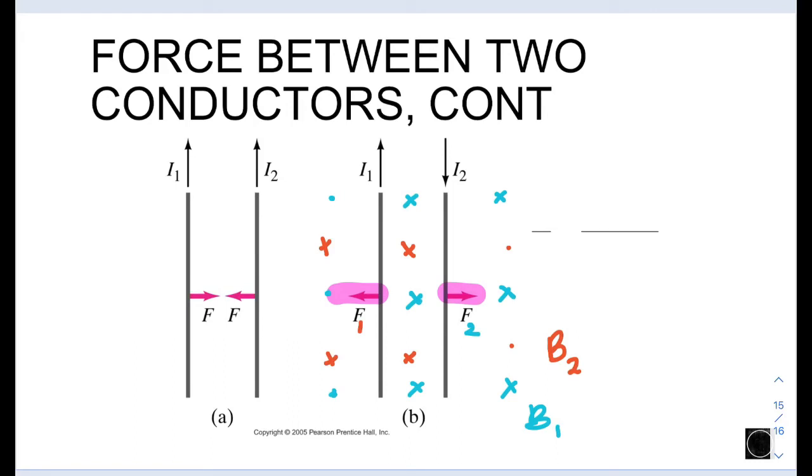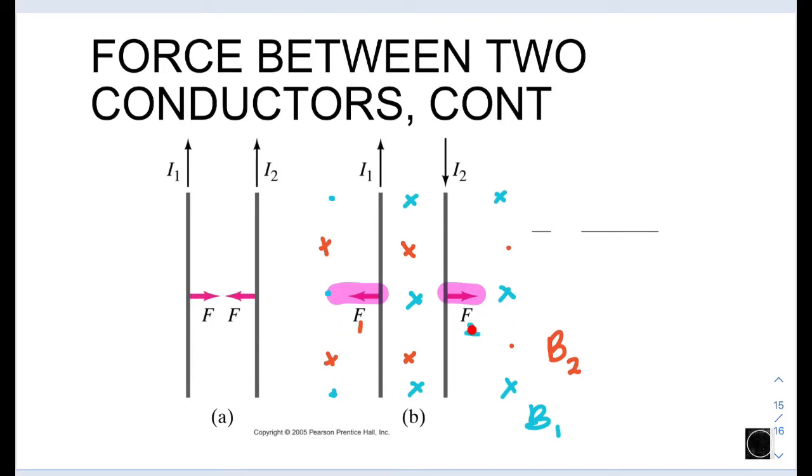So in conclusion, what can we say? Whenever there are two long straight parallel conductors like this, having current flow in opposite directions, the forces experienced by the wires will be in opposite directions. Their magnitude is the same, however.